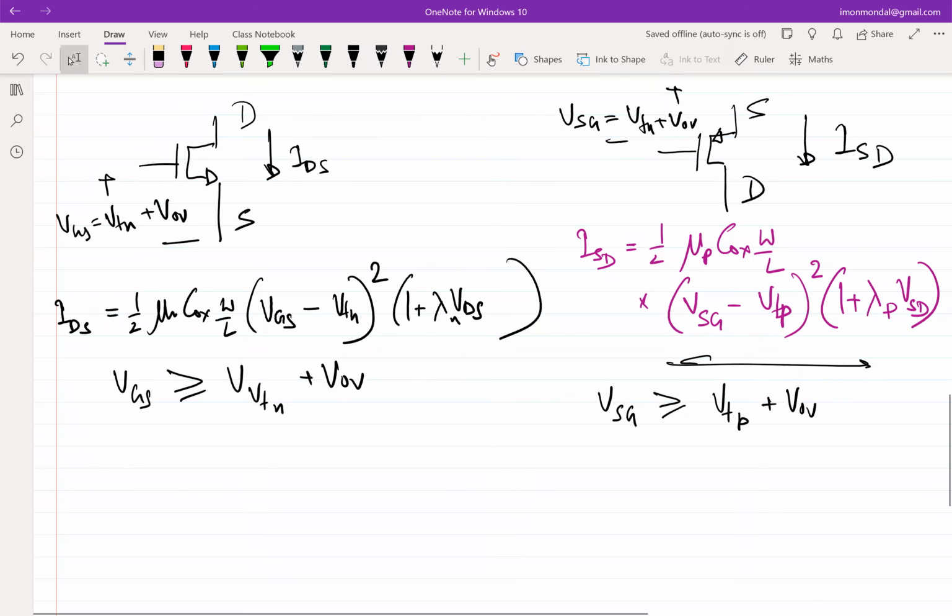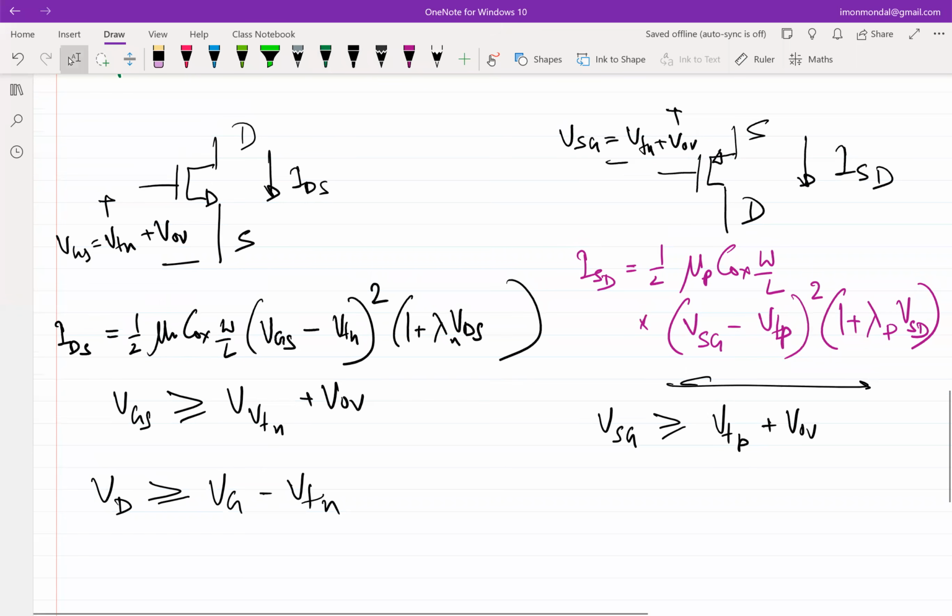So what is the condition of saturation in case of NMOS? The drain voltage has to be greater than gate minus threshold voltage. What do you think the condition in the PMOS will be? It might be useful if you think of it this way: in case of an NMOS, there is a minimum value of drain voltage before it goes out of saturation.